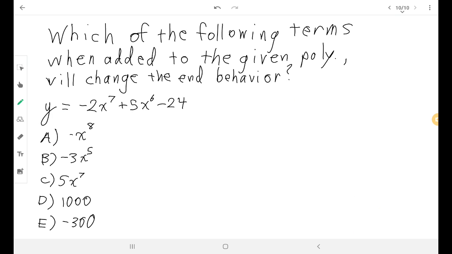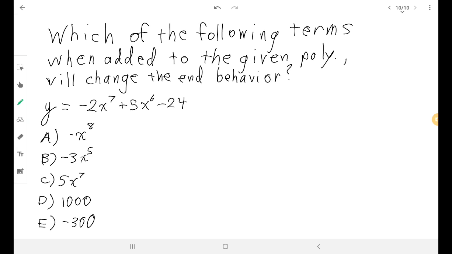So, our last question. Which of the following terms, when added to the given polynomial, will change the end behavior? Now end behavior is based on two things, right? It is based on whether it's odd or even and whether it's positive or negative.